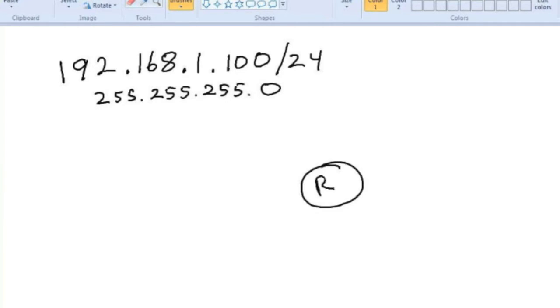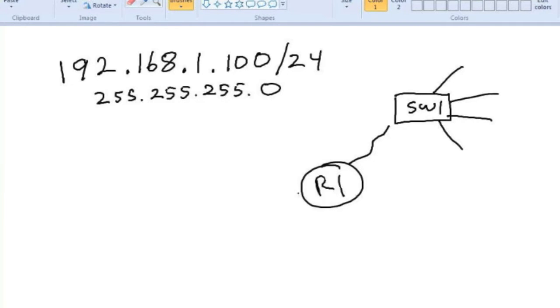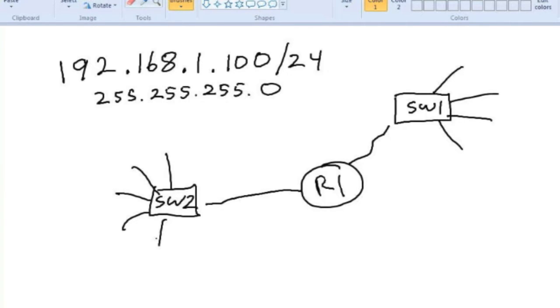And you want to install a router in your house. You want a connection upstairs to switch 1 where you've got a bunch of devices, and then downstairs on switch 2, you want to connect a bunch of devices. So what you want to do is break this up into 2 networks.